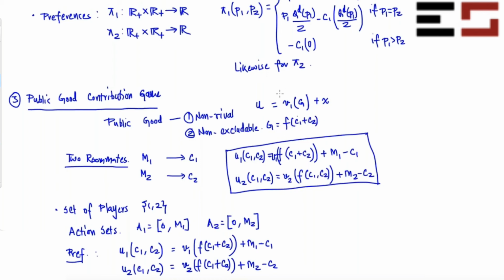So from this kind of information, you'll have to write the utilities as a function of contributions, because that's what each player is choosing. So you have to convert this information into this, and then basically apply the solution concept to solve this game.